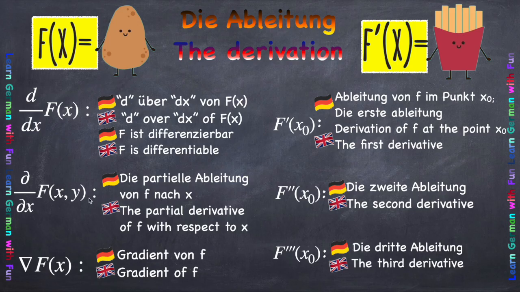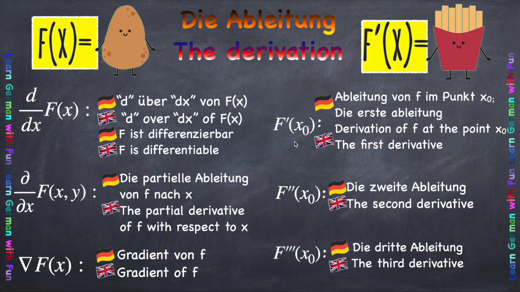The other term in German, die partielle Ableitung von f nach x, and in English, the partial derivative of f with respect to x. And this term in German, Gradient von f, and in English, gradient of f.